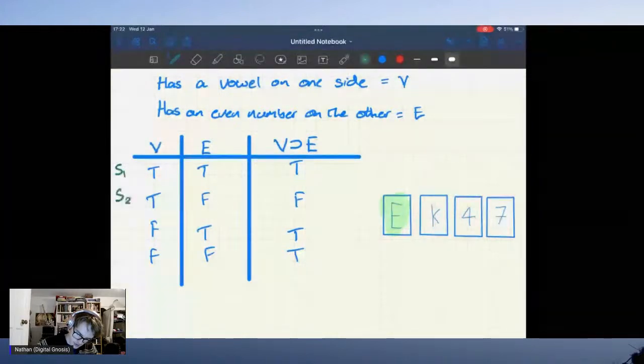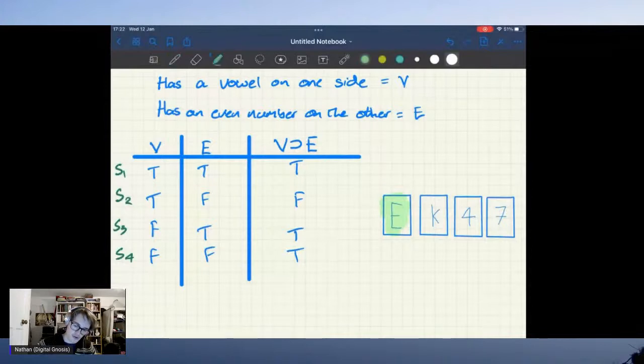S1, S2, S3, S4. In which of our models does E come out true? Oh, sorry. I just noticed it has a vowel on one side, is V. So it's when V comes out true, sorry.